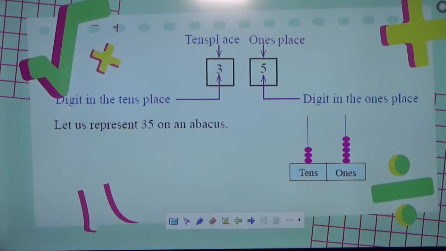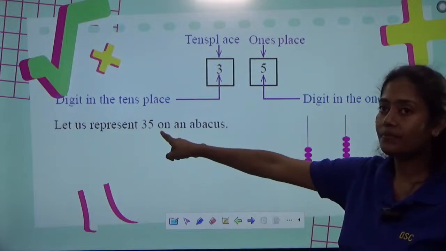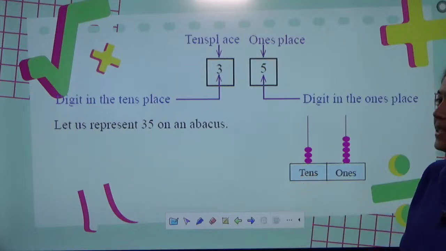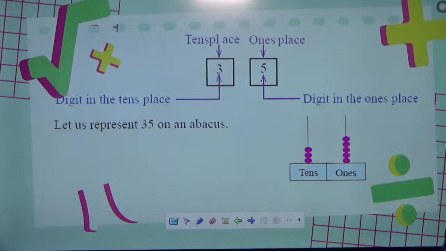Ones place, what is the value? You have 5. Then on the abacus, how many rods do we have to include? 5 rods, no? In the ones place we have to include 5 rods. Then for the tens place, how many? 3. Right? I think it is easy for you because we have learned it in grade 5.